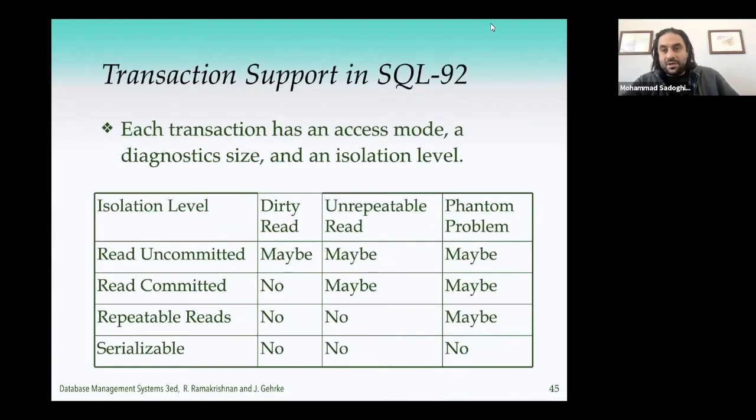In terms of isolation level, we've really been focusing on serializable, or in fact conflict serializable. Usually, when serializable is mentioned in the database literature or in any database product, they really mean conflict serializable.